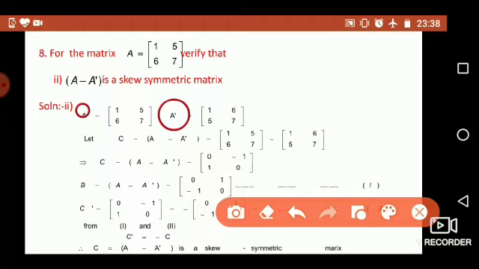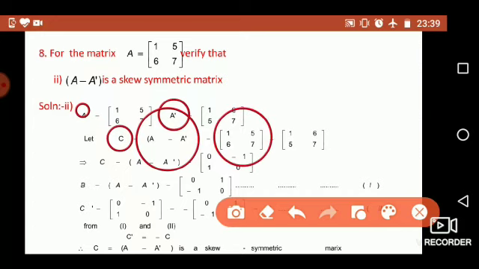Now let C be the matrix A minus A dash. I am denoting A minus A dash as a C matrix. Both are the same. Just for our understanding, we are defining a new notation C for A minus A dash. We subtract the corresponding elements of A and its transpose.